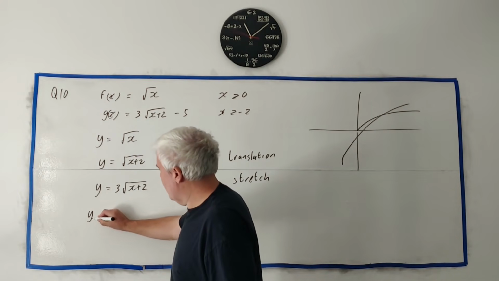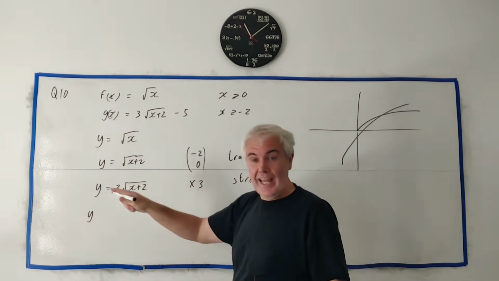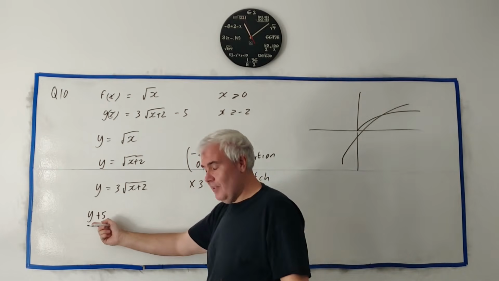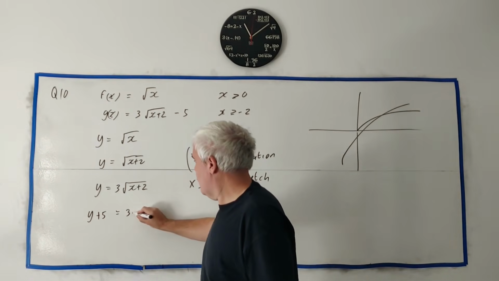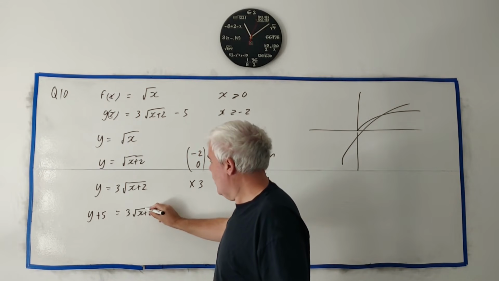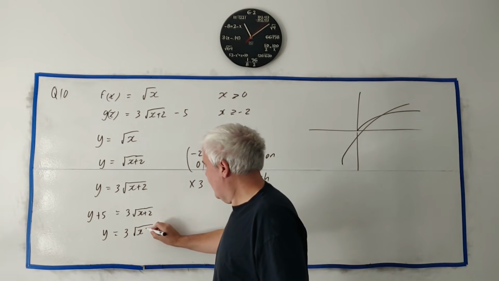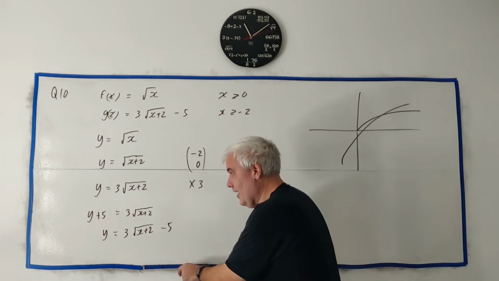I'll write this twice just to explain what I was talking about. We added to the x, moved it left. We add to the y, moves it down. Equals 3 times the square root of x plus 2, although a lot of people just write that as taking away the function. Taking away goes down.